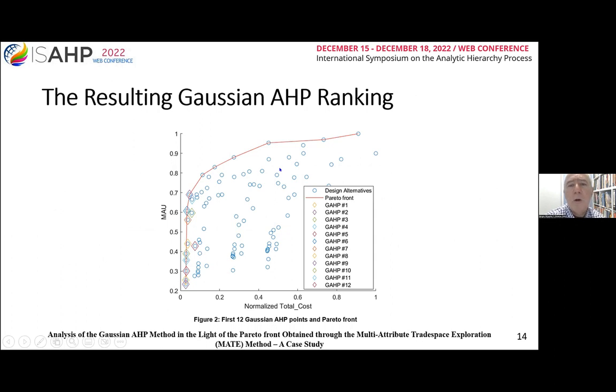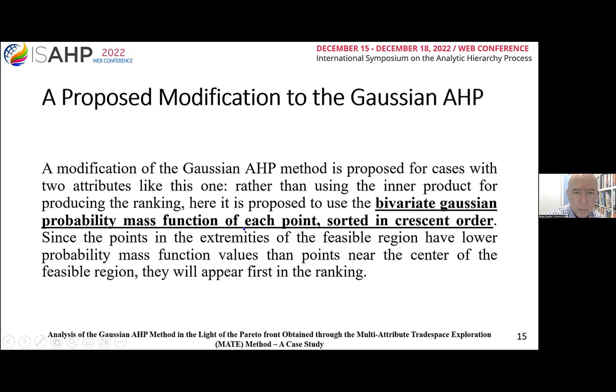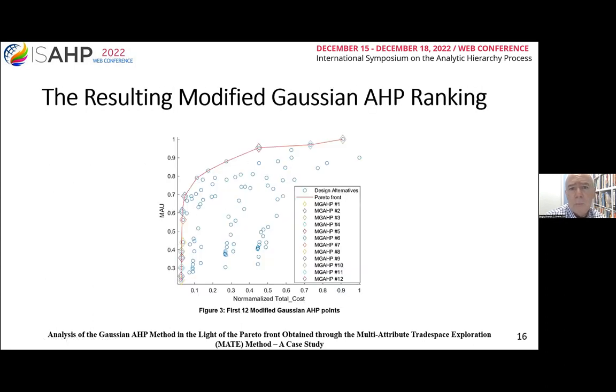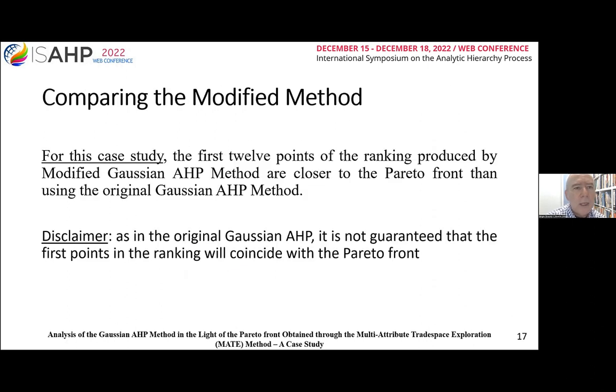So it's more probable that points with lower values of probability mass functions will coincide with the Pareto front. It was the case in this specific case study. Okay, it's not guaranteed that will happen in all situations. That's what we are saying here.